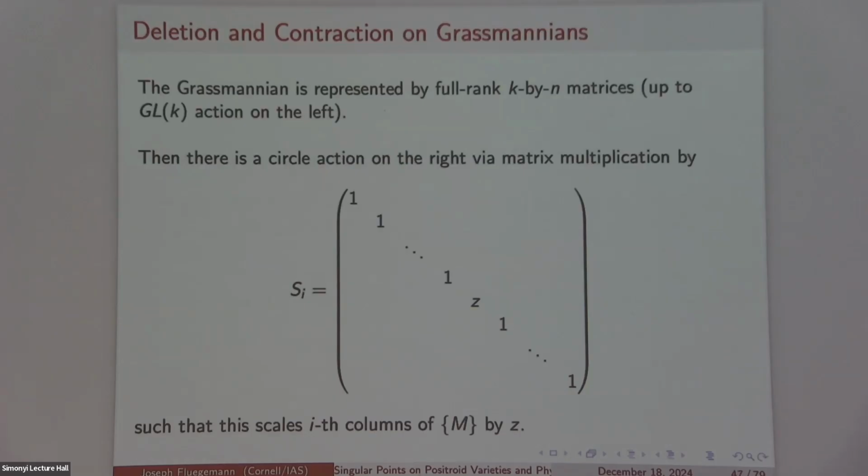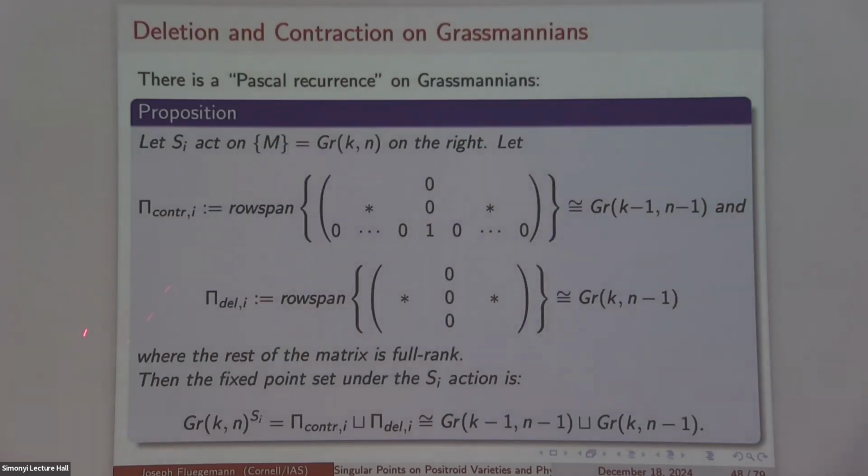So you should think of these deletions or contractions as being the fixed point set under this action, this subcircle contained within the torus, given by just one of the entries being not equal to 1. So this is just going to scale one of the columns. So the invariant things will be of one of these two types.